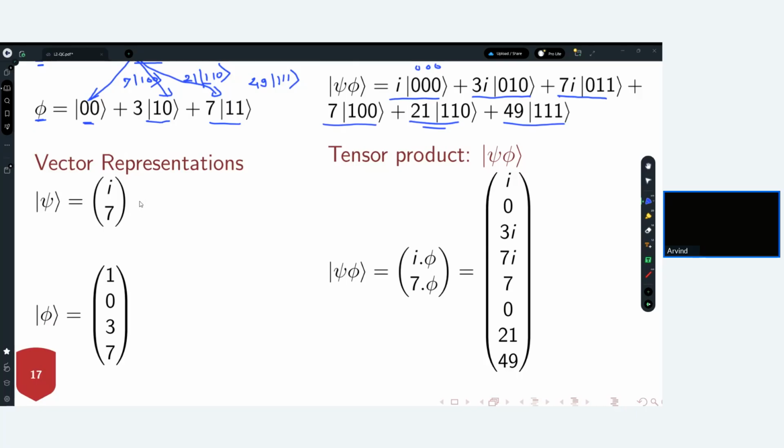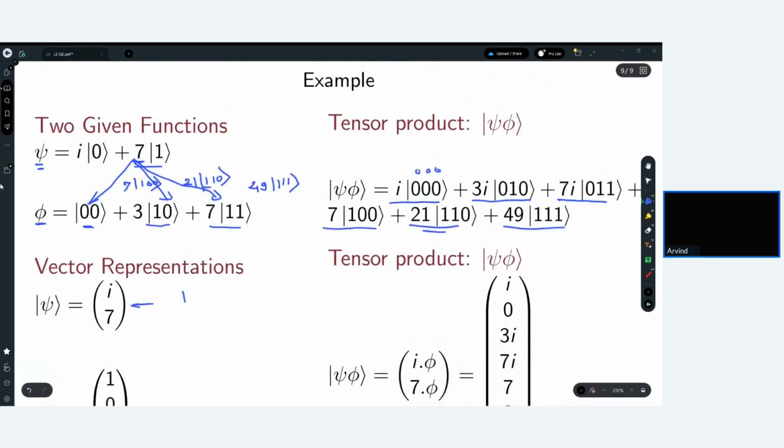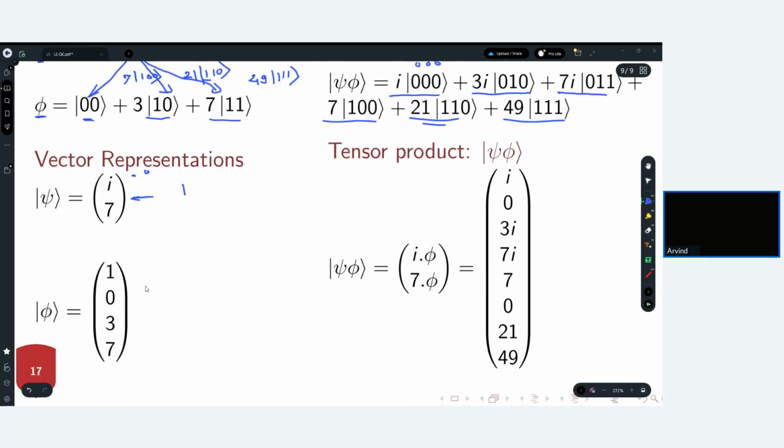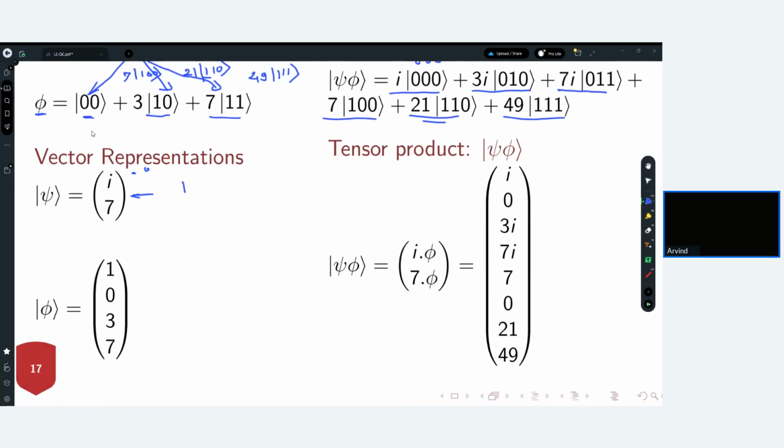So this is the vector representation of the first function, ket psi, where the coefficient i is present at the 0th position and 7 is present at the 1st position. Similarly, the vector representation of phi: the phi function consists of 3 elements.